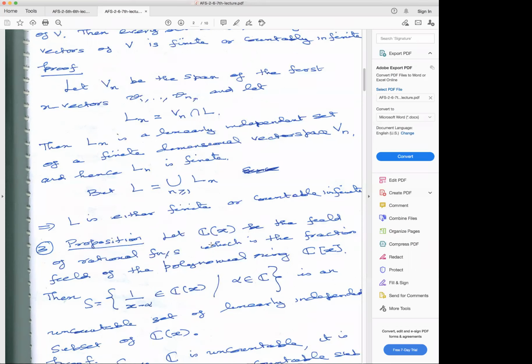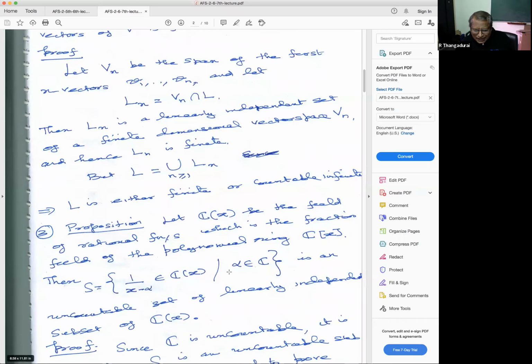Because C is uncountable, for every alpha belonging to C we will have 1 by x minus alpha. For two distinct complex numbers, the linear polynomial x minus alpha is distinct. So therefore this S is uncountable.